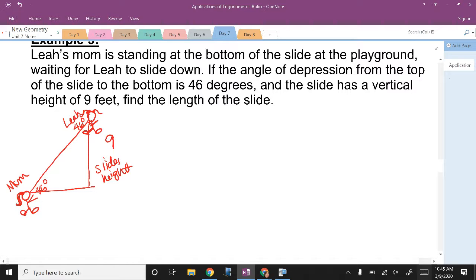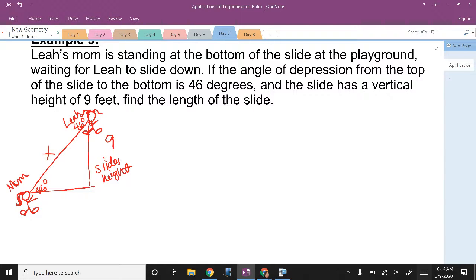So what are we looking for? The hypotenuse. Very good. So do y'all see how Leah's angle of depression is the same as her mom's angle of elevation? Y'all see that? Okay. So you can put the 46 degrees right here, but if you want to put it inside the triangle, it will be from her mom.